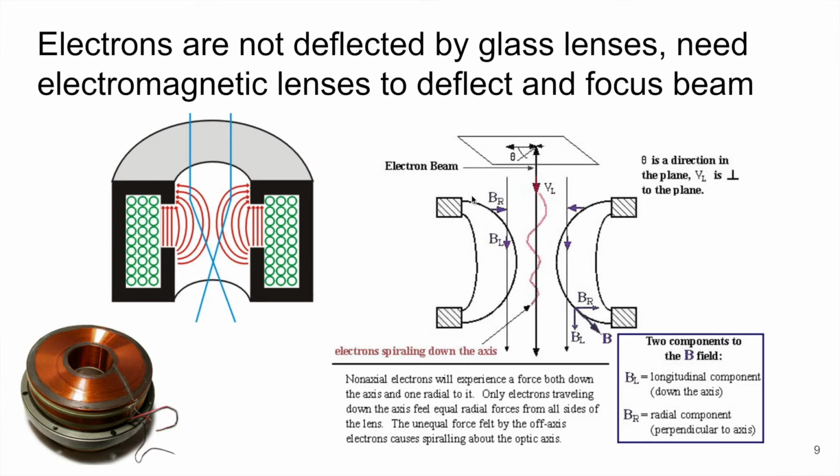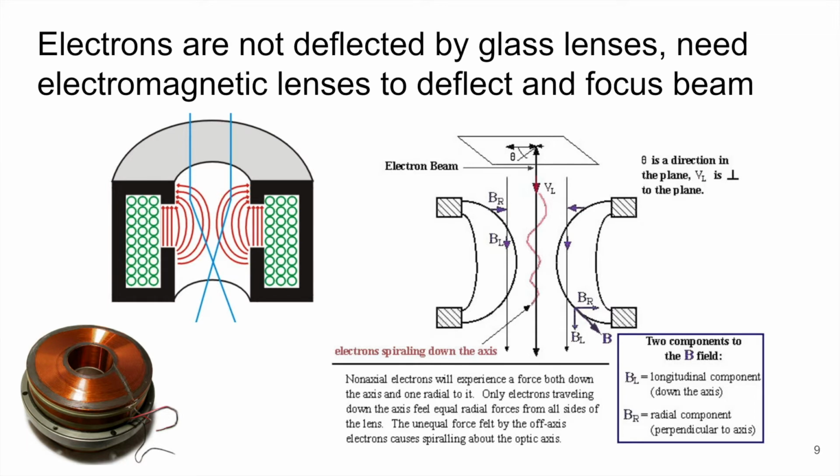And basically, since it has this elliptical nature to it, or curved nature to it, there's a component of that magnetic field that is radial, as it's called, R. So it's basically towards the radius of the lens. And then there's one longitudinal component, which is down the axis. So there's basically two components of the magnetic field. And that's what's being shown.